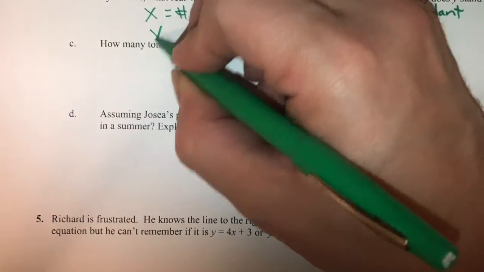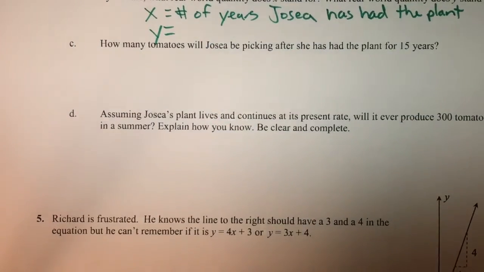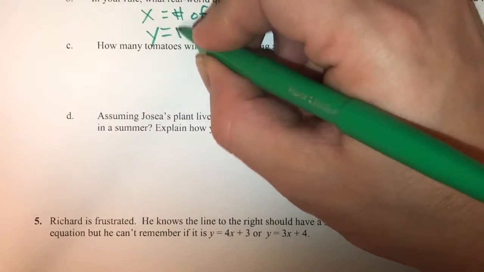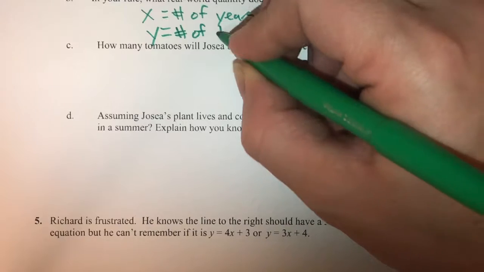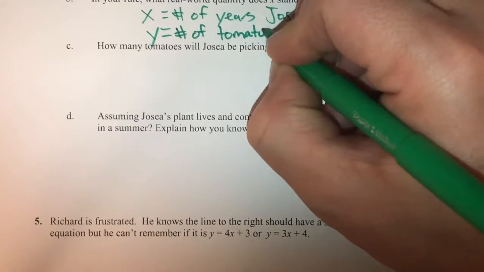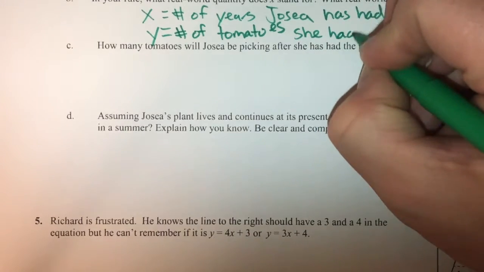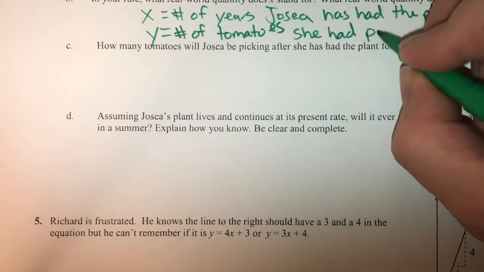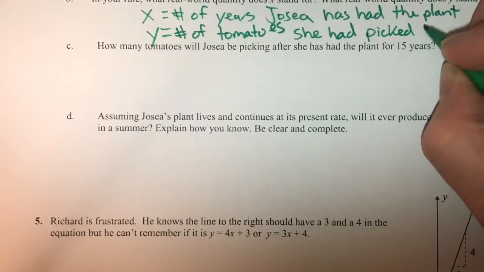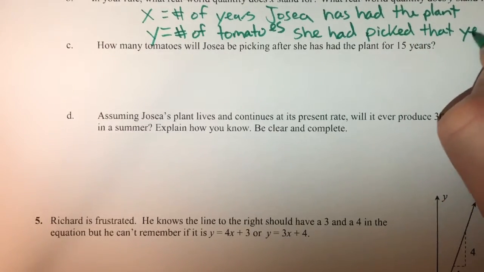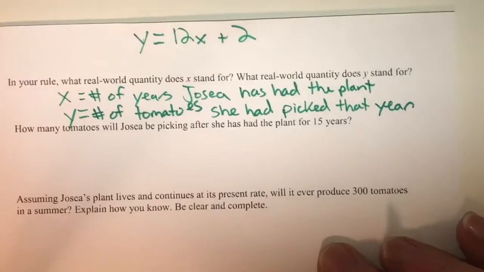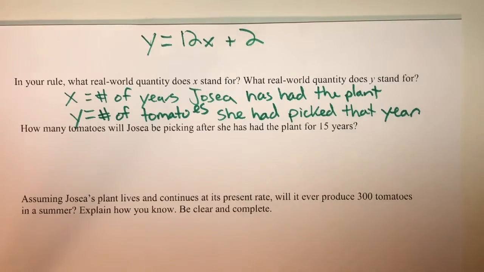And Y, since that's the number of tomatoes, she had picked that year. So X equals the number of years Josiah has had the plant, and Y equals the number of tomatoes she had picked that year. And that's what it says on the front.